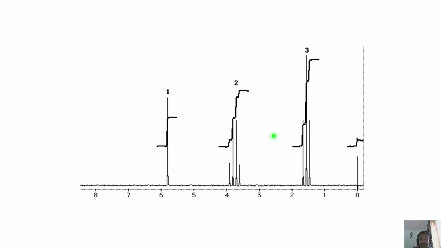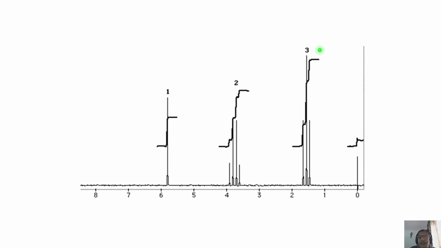Similarly, when there is a quartet of intensity 1:3:3:1, this proton must be attached to a CH3, which splits this proton into a quartet. This is a proton which is not split by any other protons. It is giving rise to a singlet.